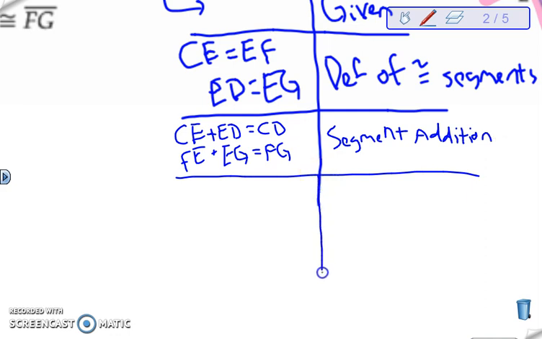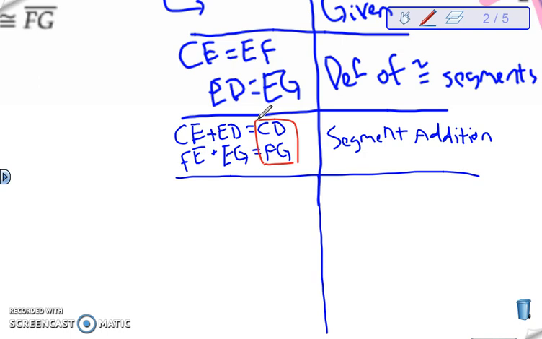All right, here's where the tricky part comes in. So we need to figure out a way to get these two to be equal. So we know that from what we were talking about before, if I have an equation, I can add the same thing to both sides and it still has the same value.